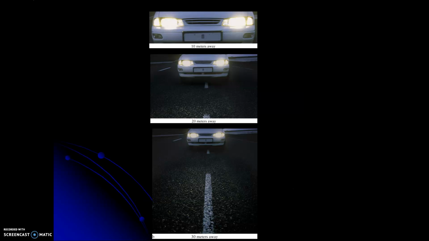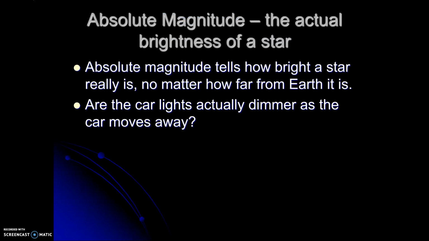If we think about this in terms of a car, these headlights look a lot brighter to us than, say, these headlights. The further and further we look away, that light is going to disperse more and make us feel like that light is dimmer than it actually is.